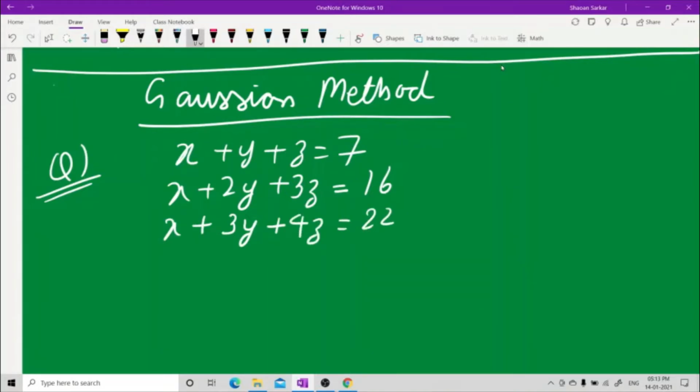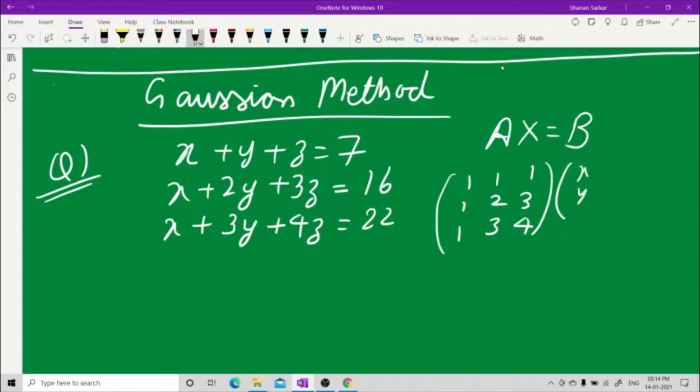I have to write it in the form of AX equal to B. So write it column-wise as 1, 1, 1, 1, 2, 3, 1, 3, 4, and then you have your x, y, z, and your 7, 16, and 22.